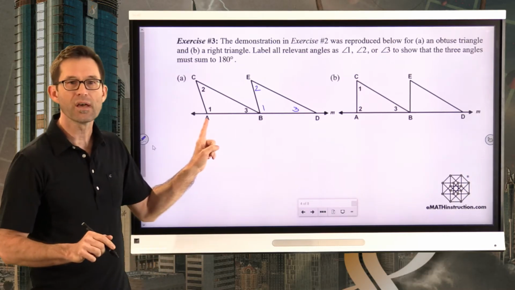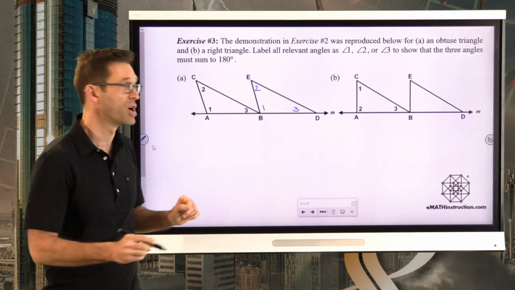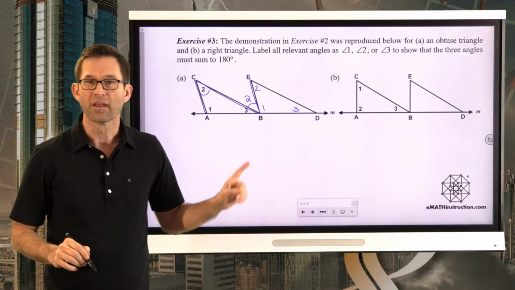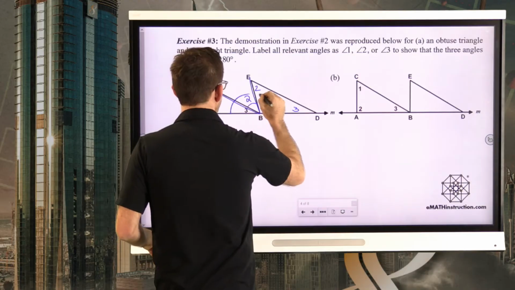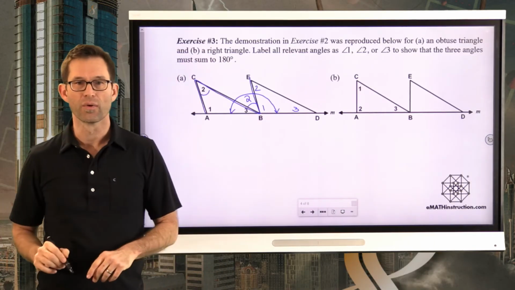But because I know that this segment and this segment are parallel to each other, that creates an alternate interior angle pair that says, if that thing's 2, this must be 2 as well. And because I now have angle 1, angle 2, and angle 3, this shows me that they must add up to 180 degrees.